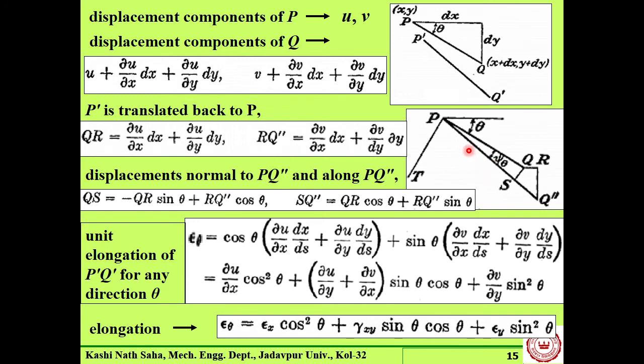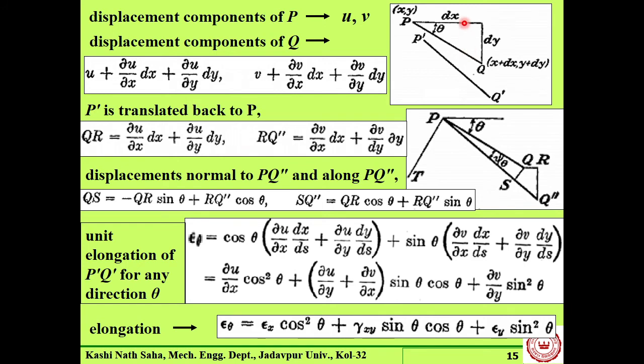So this PS is basically PQ cos of this psi theta, which we can take as equal to 1. So PS and PQ are almost equal. This PQ is our original length.